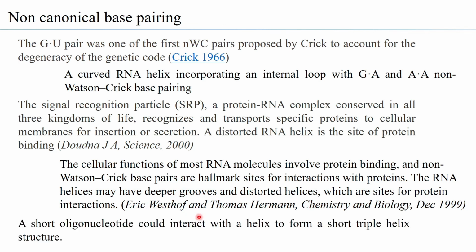Another important fact is that a short oligonucleotide can come and bind to a double helix to form a short triple helix structure. This triple helix structure is also because of non-canonical base pairing. So these are certain aspects that one observes.